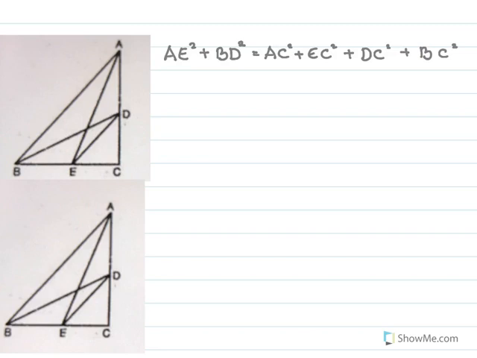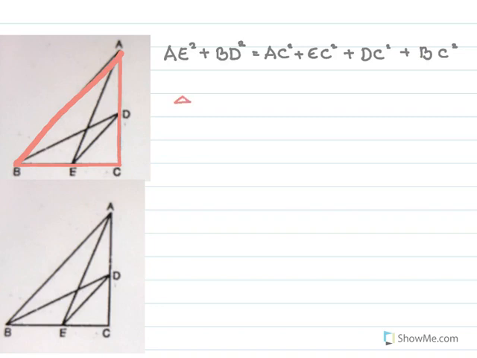Now look up in your figure again. We know AC square plus BC square is equal to AB square. Let me write that out here. So that is in triangle ACB.